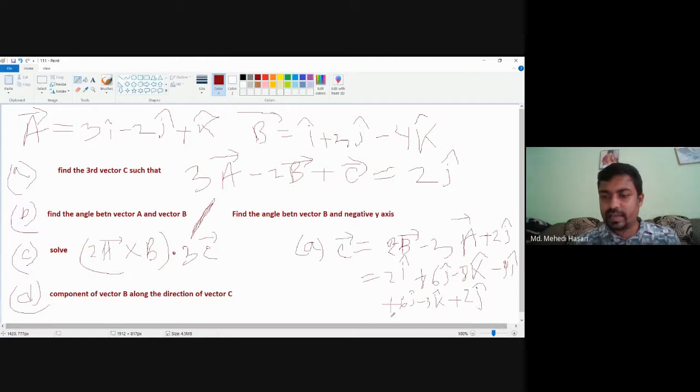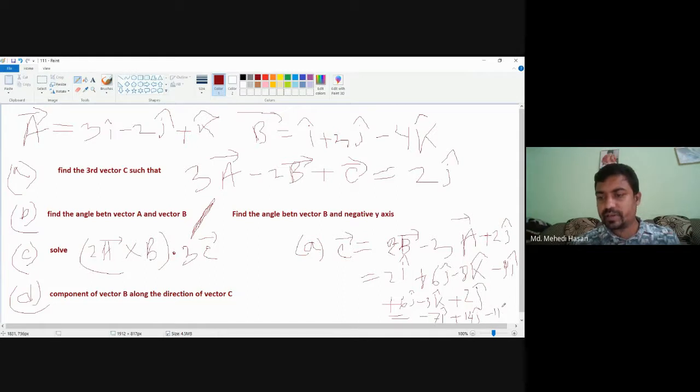Then finally the C vector will be, in case of I, 2 minus 9, so it's minus 7I, and in case of J, 6 and 2, it's 14J, and in case of K it is minus 11K.